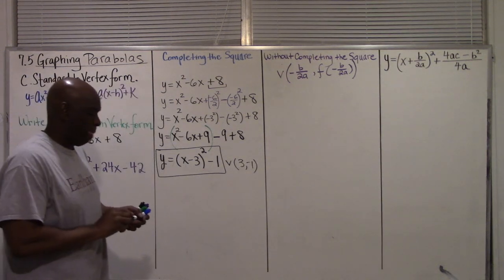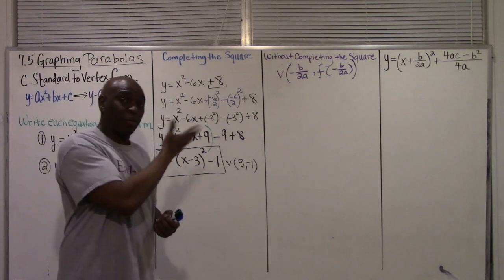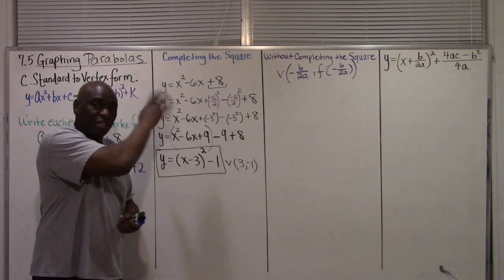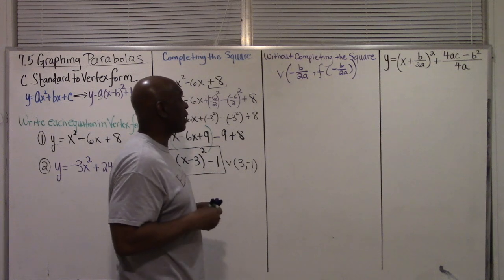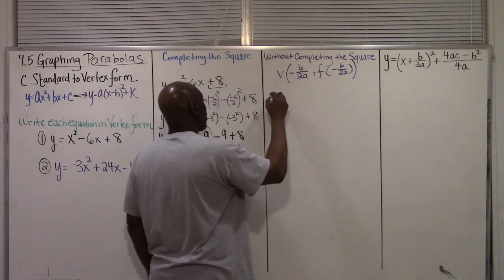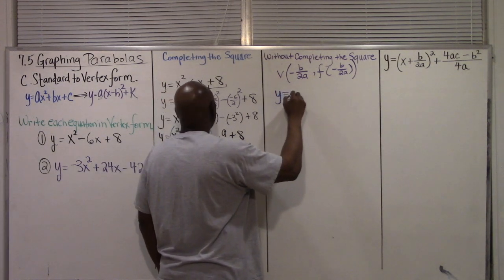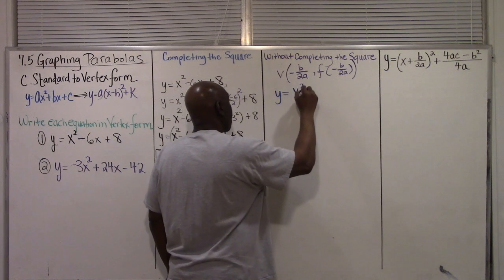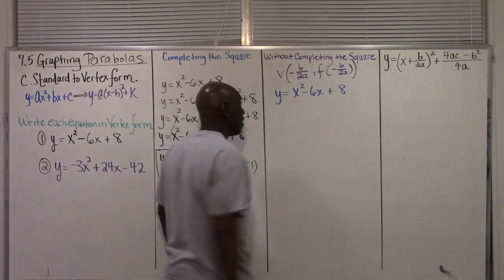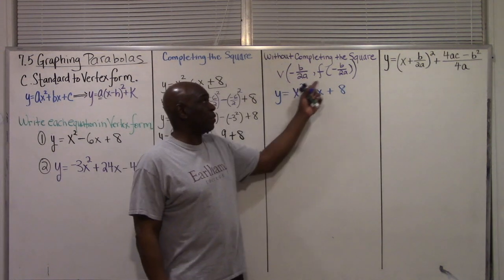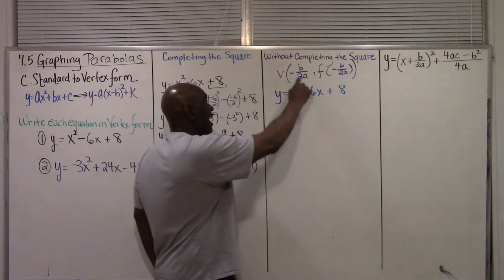Okay? But Mr. Wright, how do I do it without completing the square? Because this right here, I don't like doing all that. Okay, no problem. Well, you try this one. Let's write it out. y equals x squared minus 6x plus 8. All right, if we're going to use our formula, we have to recognize that it asks for a and b.